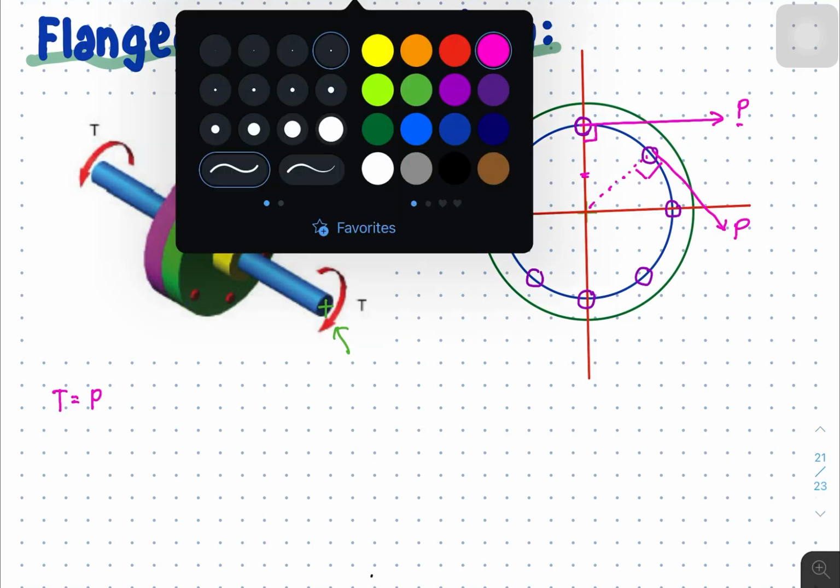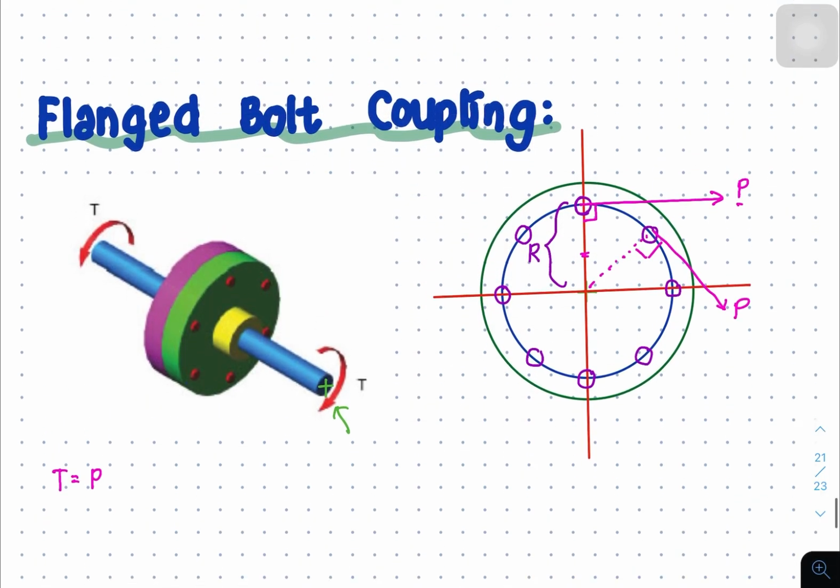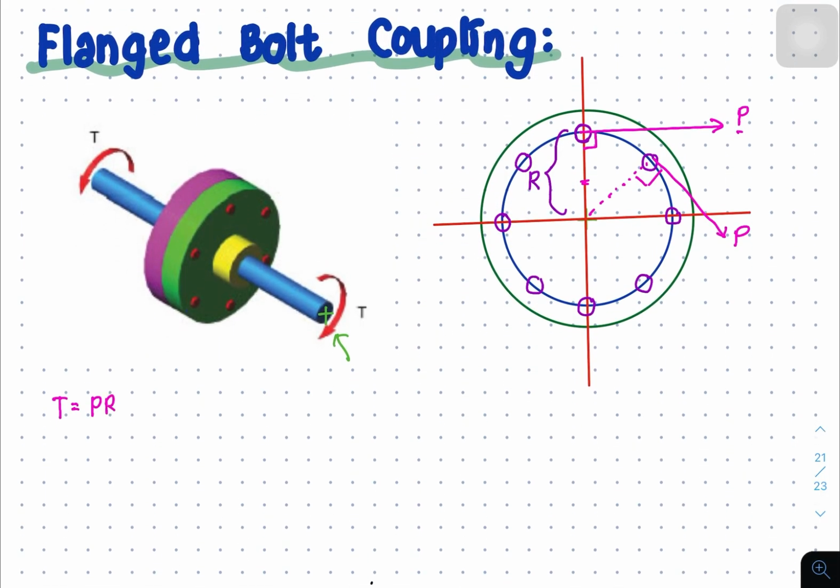In the drawing, our distance is simply this one, so let us assume this as R, times the number of our bolts. Since we are talking about shearing force, there exists a shearing stress. The basic formula for stress is force over area, which means that P is simply equal to stress times area.